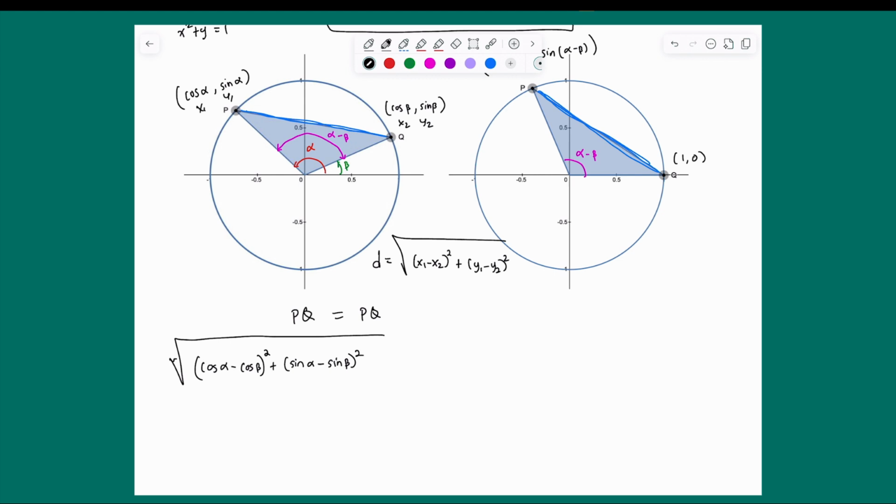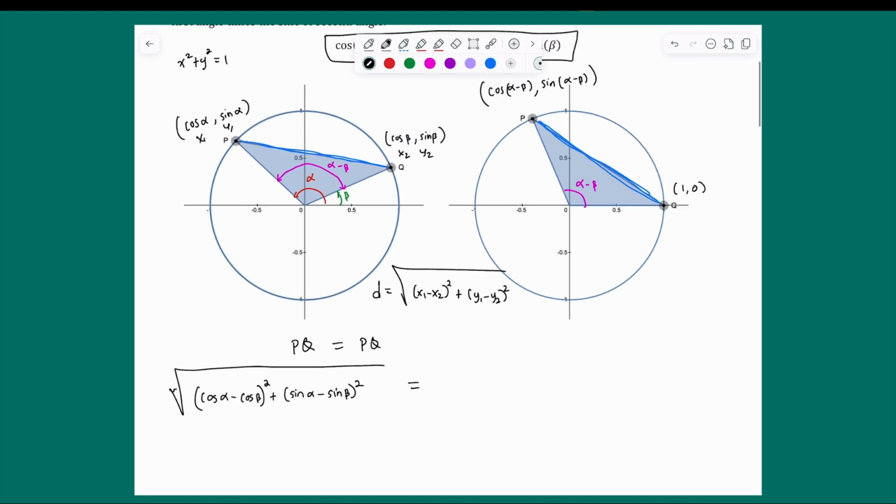That length would have to equal the length on the circle on the right, but this time the coordinates are expressed as cosine of alpha minus beta, sine of alpha minus beta, and 1, 0. Once again, that's just the definition: on a unit circle, the x and y coordinates are just cosine and sine.